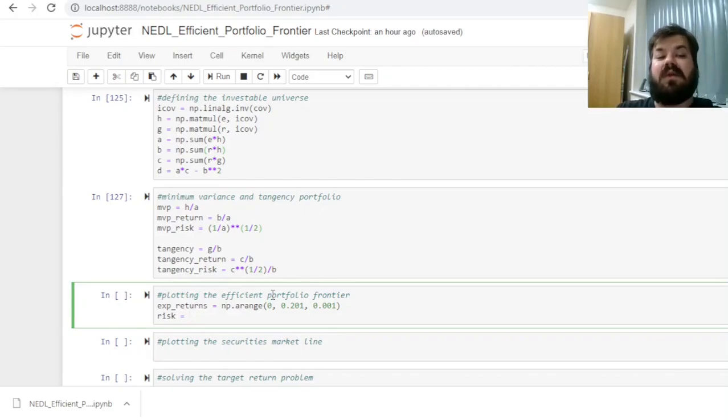The variance is quadratic in return, and that is equal to A times expected returns squared, minus 2 times B times expected returns, plus C, divided by D. This does remind you perhaps of quadratic equations, and the very nice and insightful bit here is that C, which was quadratic in return to start with, we haven't multiplied by returns whatsoever, whereas B, which was linear in returns, we multiplied by returns to make it quadratic, and A, which was a constant and didn't have returns whatsoever, is multiplied by returns squared to make everything of similar power in terms of returns.